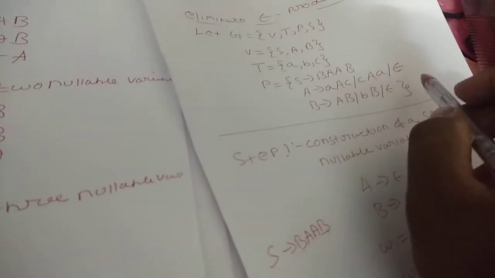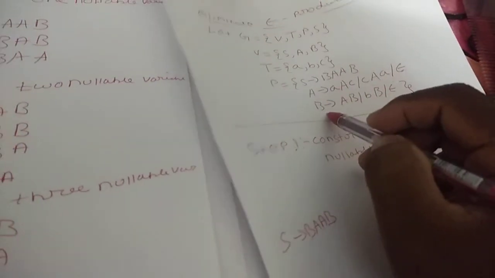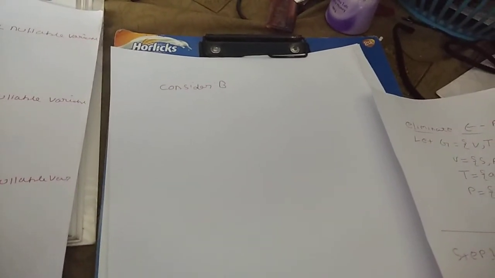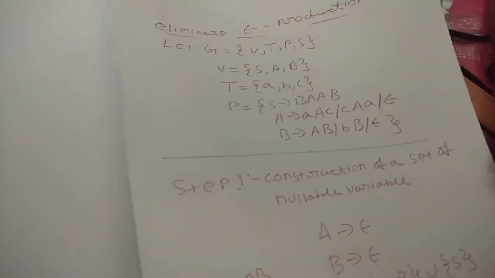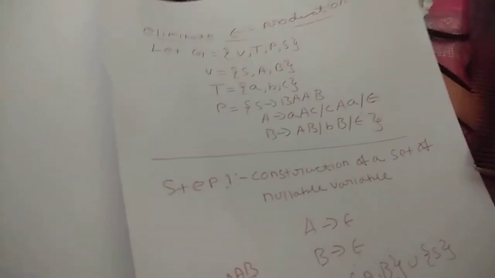We have eliminated epsilon. Now consider B. Already we have solved for S. We considered the S transition, we have solved for A, and we considered the A transition. Now we have remained with the B transition. That is, B tends to AB and B tends to BB. Epsilon is already eliminated. Okay, B tends to AB.